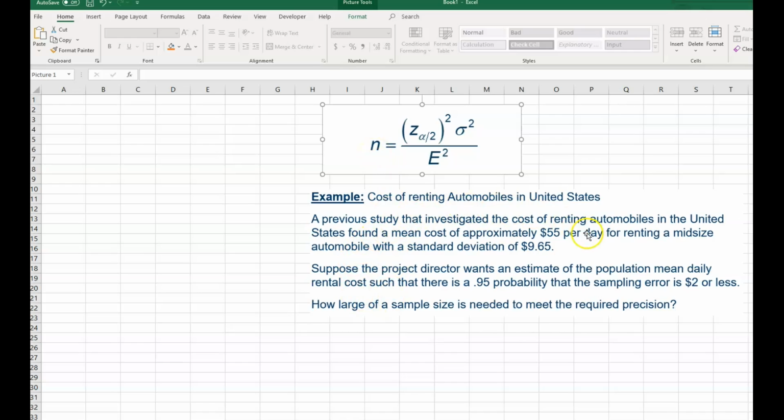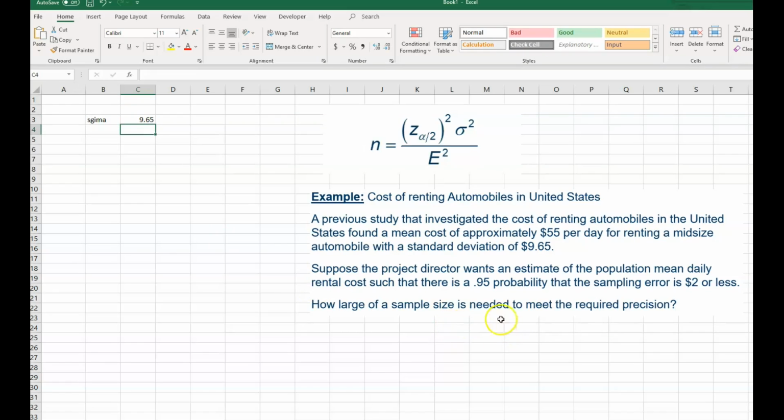Let's look at this example. The mean cost is $50 per day, and $9.65 is the standard deviation, so sigma is given as 9.65. We want 95% probability, so the confidence level is 0.95.